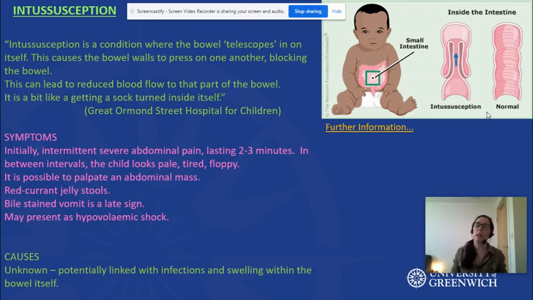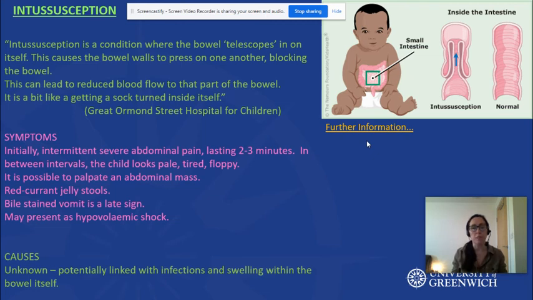So a little bit like volvulus, this is an intestinal problem where the blood supply is getting cut off and the bowel itself is becoming damaged and dead. Again, that's potentially going to lead to hypovolemic shock and potentially lead to septicemia with the blood poisoning.